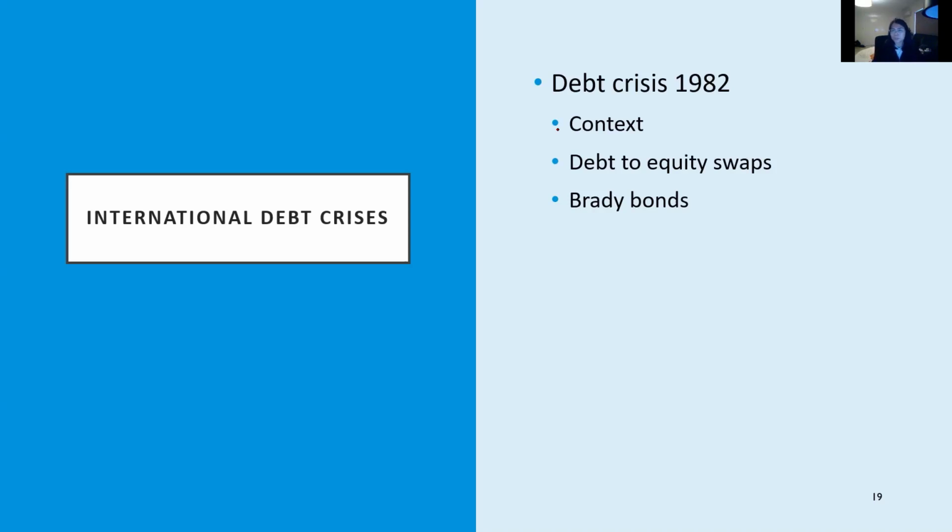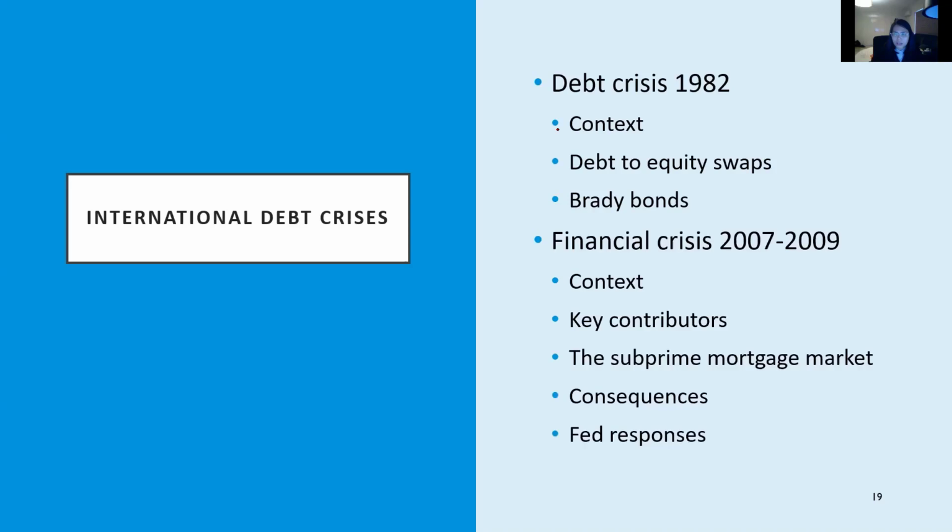The notable crises in the past are firstly the debt crisis in 1982. This was mostly the problem for Latin American countries like Mexico, Brazil, and so on. The second crisis that we talk about is the financial crisis in 2007 to 2009.